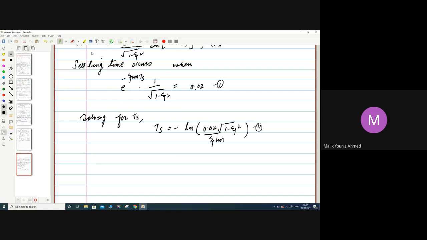Now what's happening here? We can verify the equation from equation number 2. We can substitute the various values. We can see that the numerator varies from 3.91 to 4.74 as xi varies from 0 to 0.9.